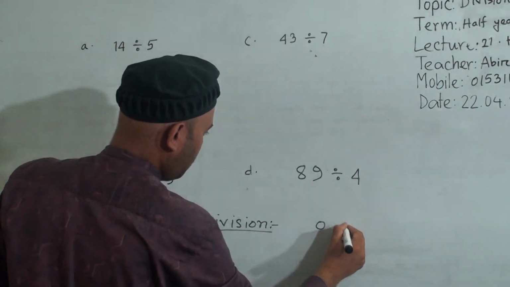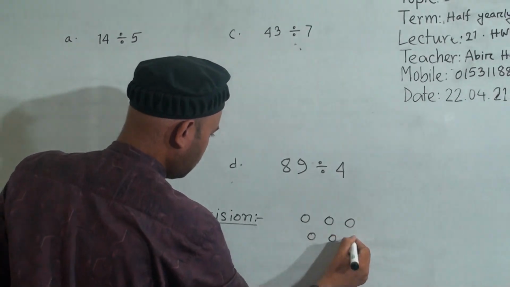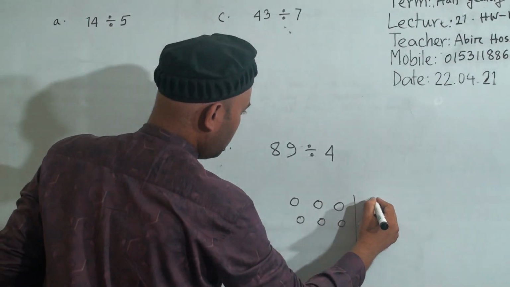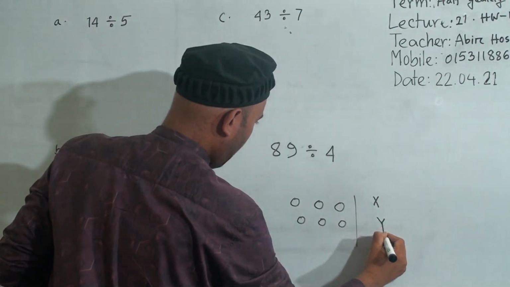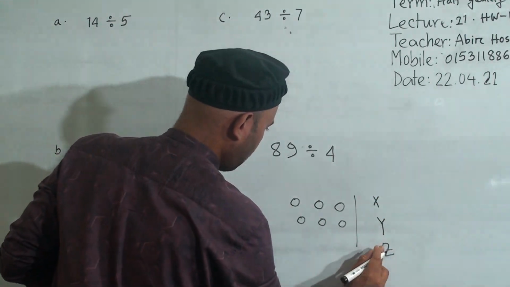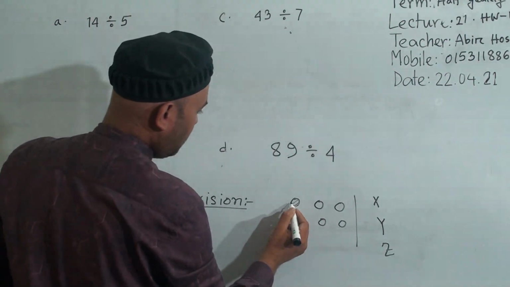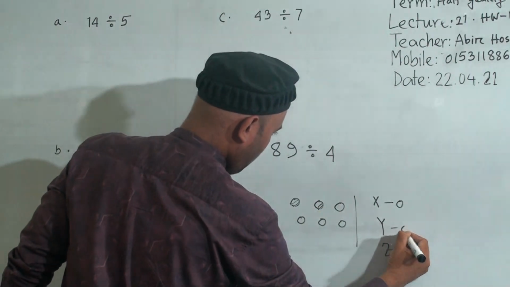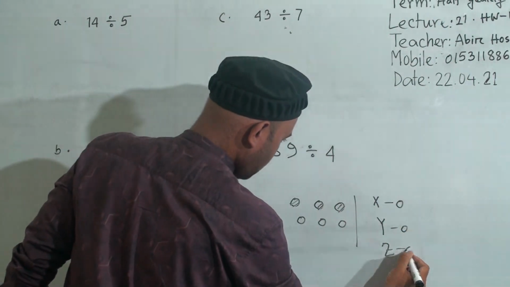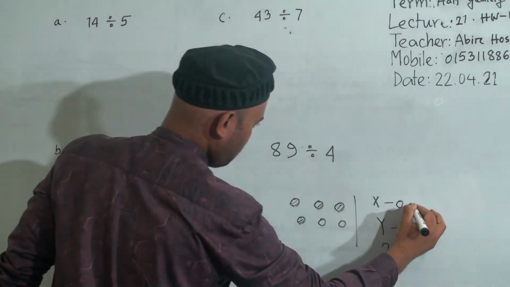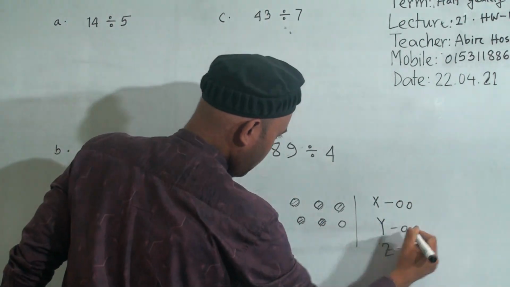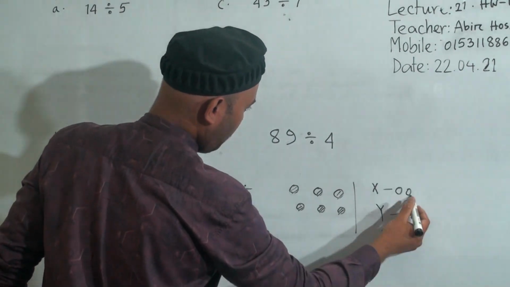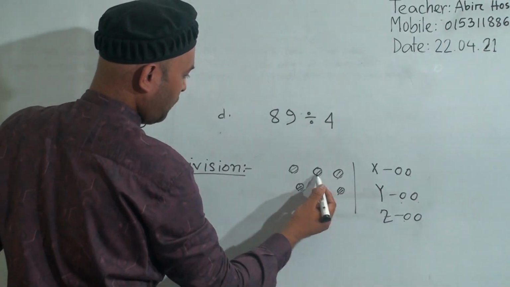Suppose there are 6 cookies and you have to divide them among 3 persons X, Y and Z. First of all, you give one cookie to X, this one to Y, this one to Z. Then the next one is X, Y and Z. So here is 1, 2, 3, 4, 5, 6.